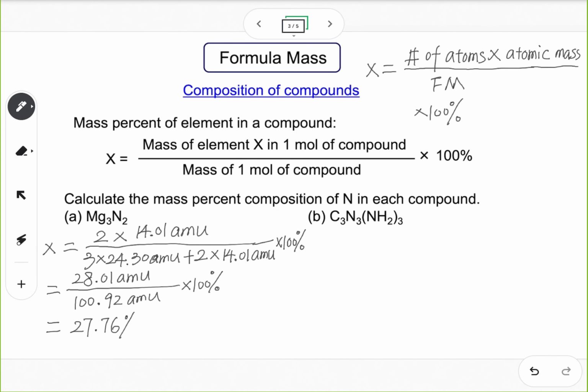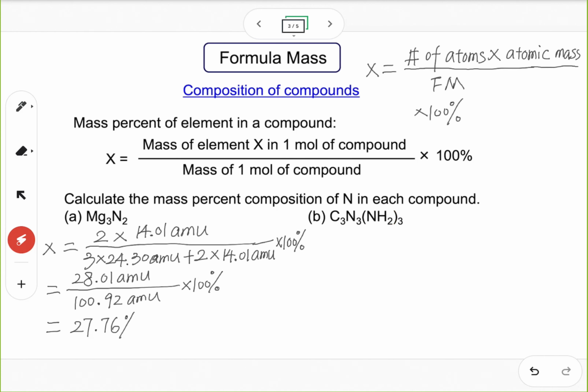Now example B is a little bit complicated because you have more nitrogen atoms in this formula. When you look at this, you have 3 nitrogens here, right? And you have an NH2 group in this formula, and you have 3 NH2 groups.